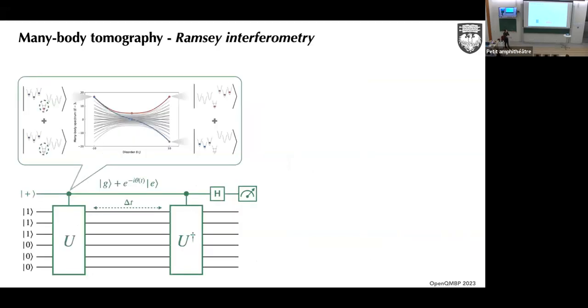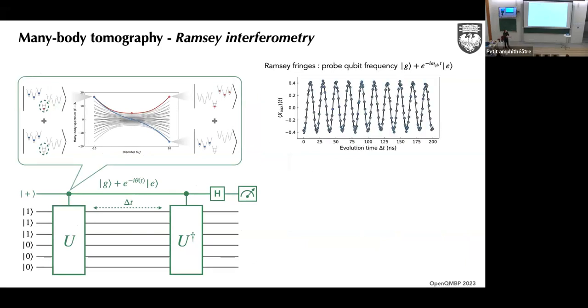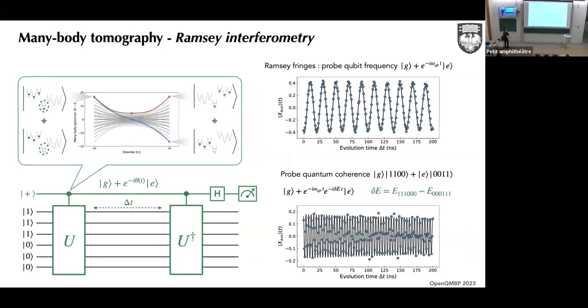So one way we can probe entanglement is using many-body Ramsey interferometry. This ancilla qubit precesses at some natural frequency when it's not entangled with the other qubits. When it is entangled, you see that it precesses at a much faster frequency, which you can probe by applying your gate, waiting some time, undoing the gate, and you can see this precession frequency is faster and given by the energy difference between the two manifolds that you're entangling.